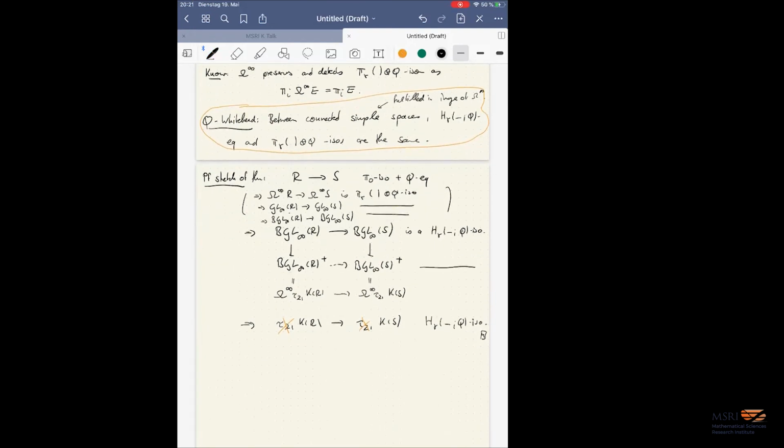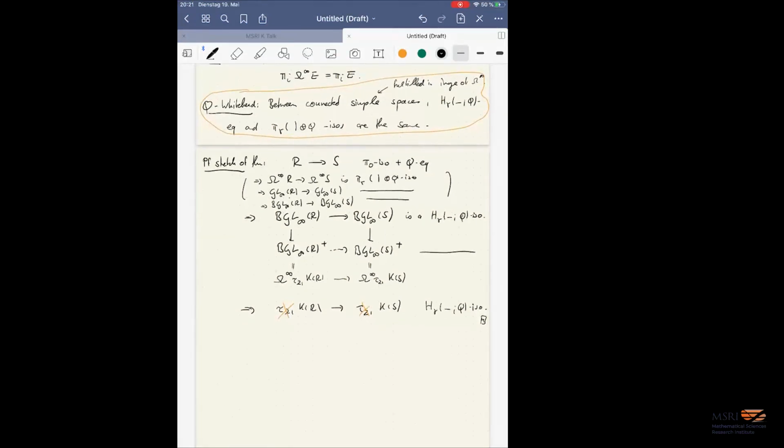So let me make a short table. Namely, in unstable homotopy theory, there are essentially 2 kinds of invariants.